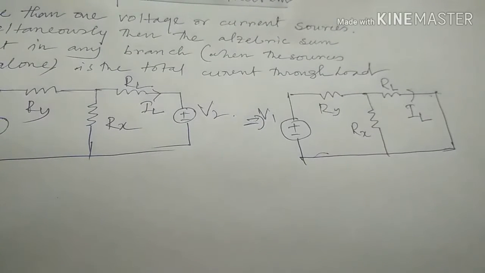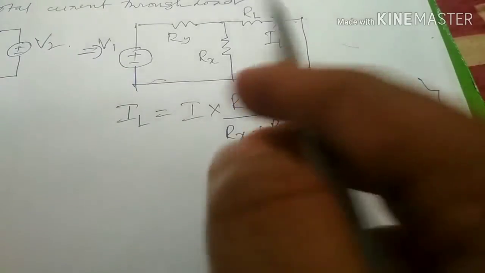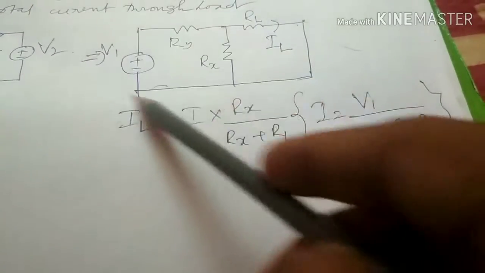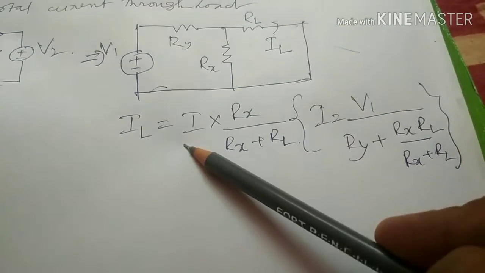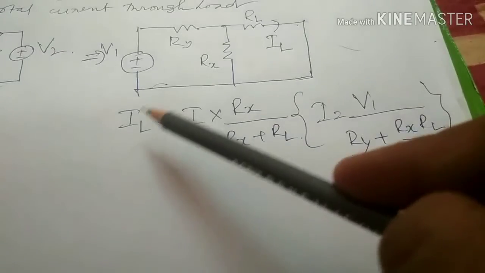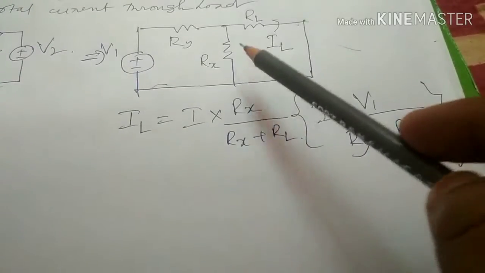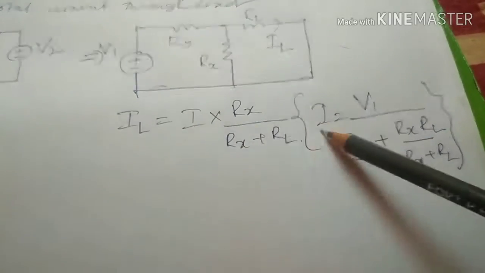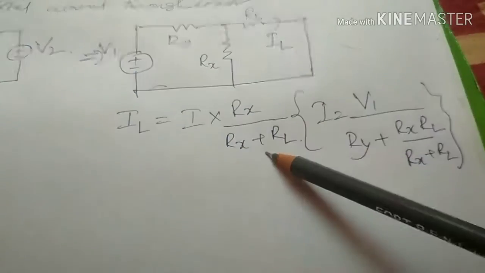So the value of IL is, from the circuit diagram, if the total current through the circuit is I, then IL is I into Rx, the opposite resistance, divided by Rx plus RL.